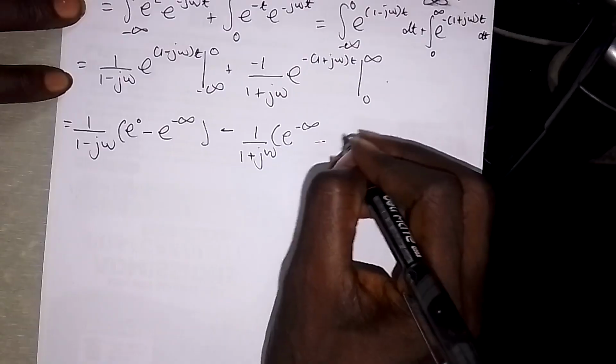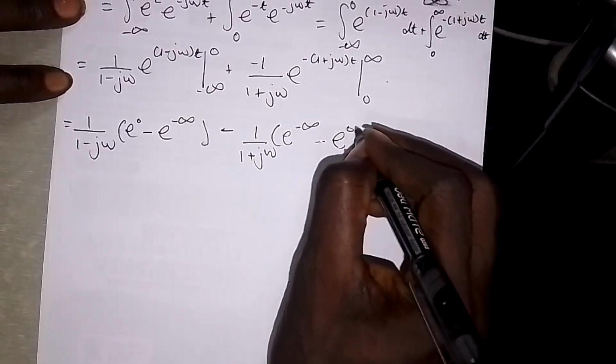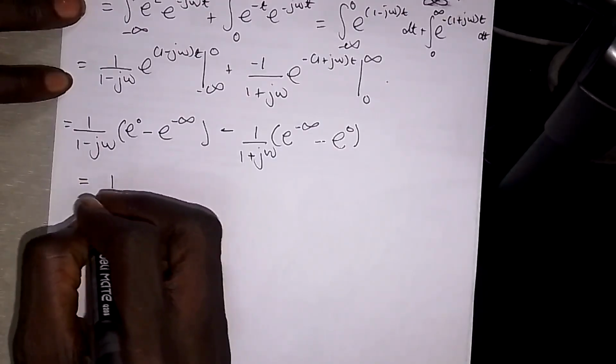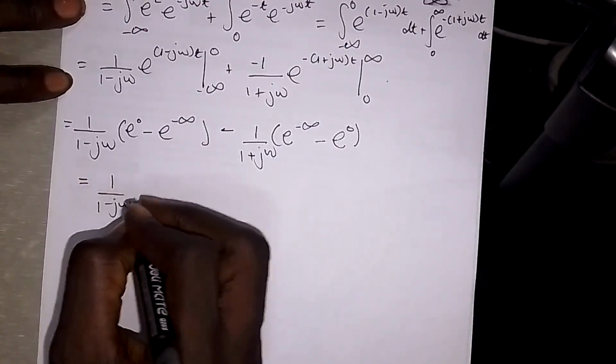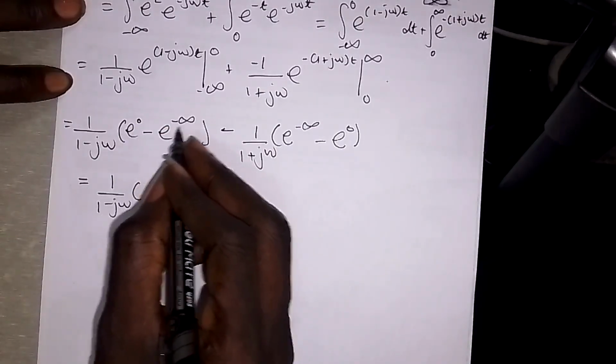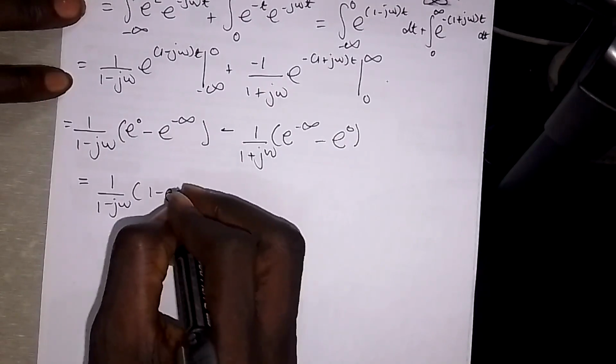So I'll get 1 over (1 minus j omega) into 1, since e to the minus infinity is 0, so 1 minus 0.